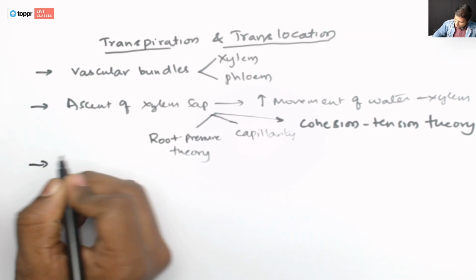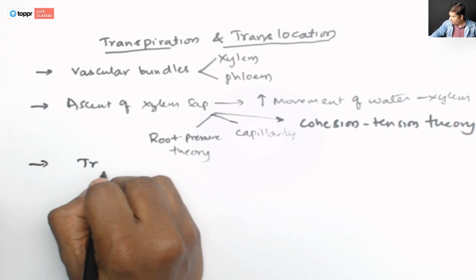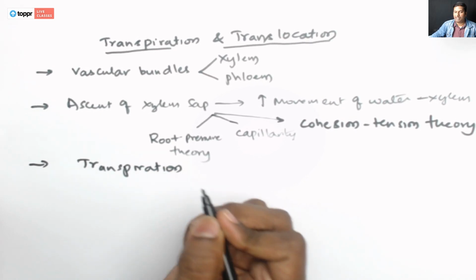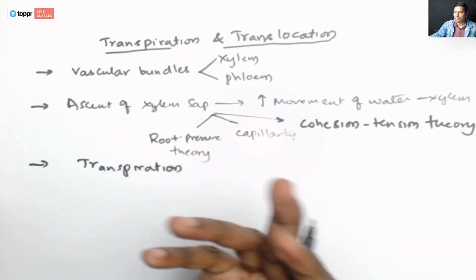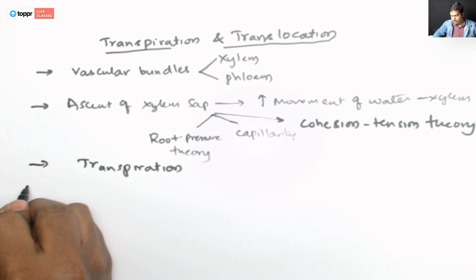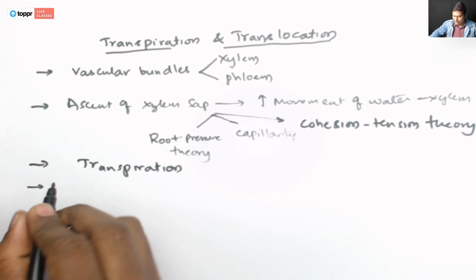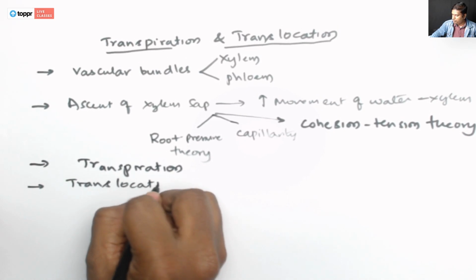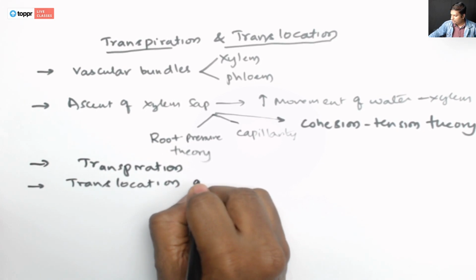Then once we discuss that, okay, we'll discuss transpiration, which is nothing but evaporation or loss of water from the plants in the form of water vapor. Okay, and then we'll look at the translocation of minerals, that is how the minerals are actually moved from one region to another.